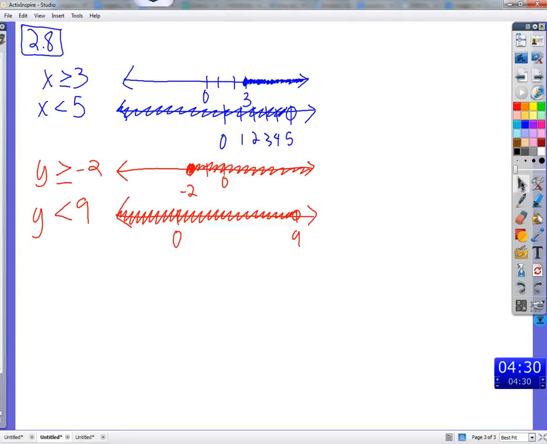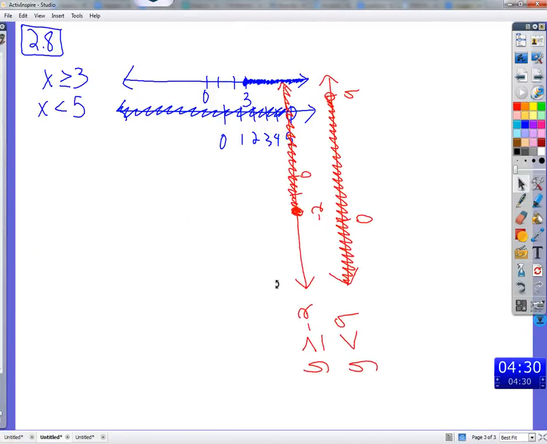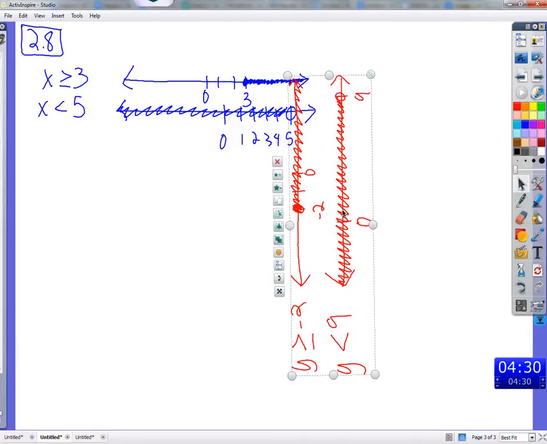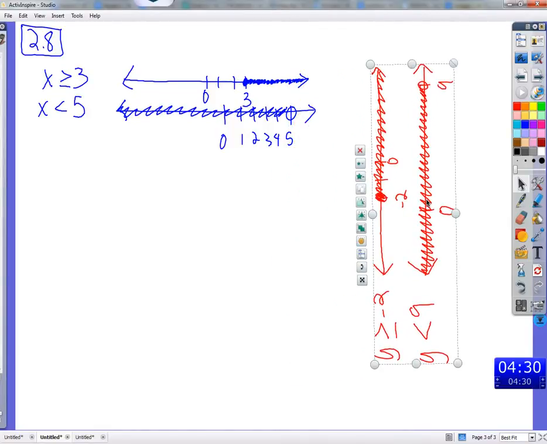So we could take this, move it over here, rotate it like that, and now, I honestly almost started doing that at first. Yeah, that would have been fine. There's no rule that says y has to go up, right?